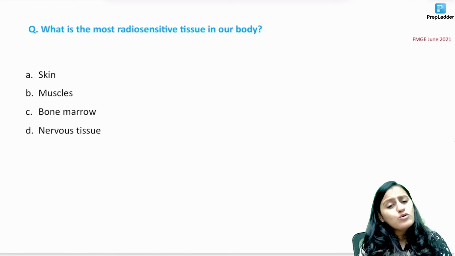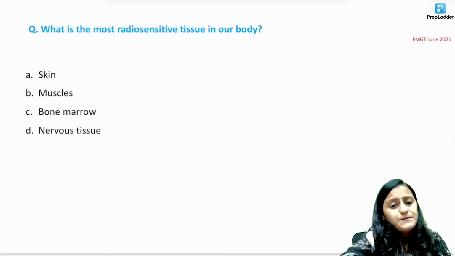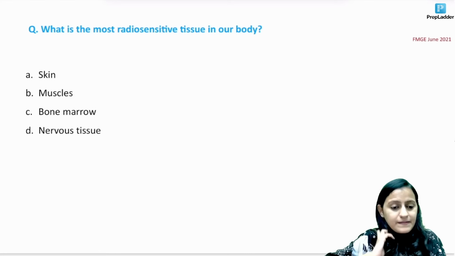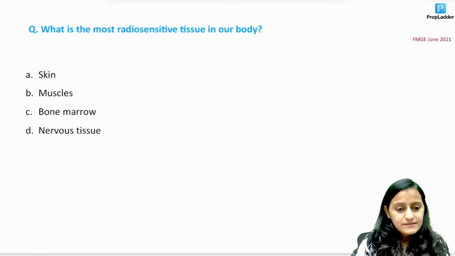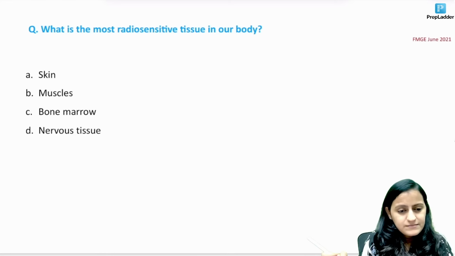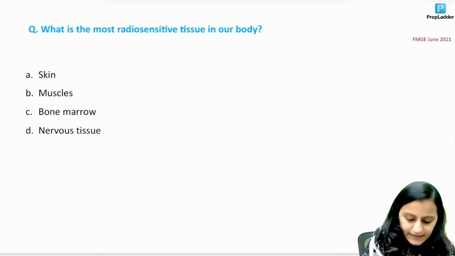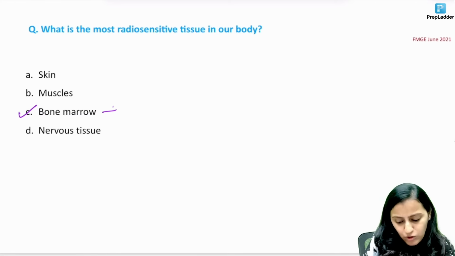What is the most radiosensitive tissue in our body? It is bone marrow. Why bone marrow? Because it is continuously dividing.